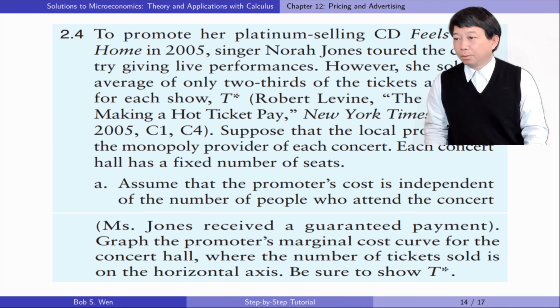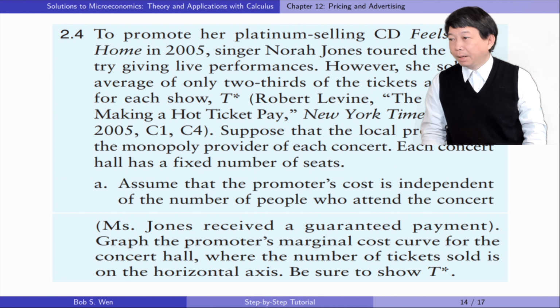Let's find answers to exercise 2.4. To promote her platinum selling CD Feels Like Home in 2005, singer Norah Jones toured the country giving live performances. However, she sold an average of only 2/3 of the tickets available for each show, T-star.